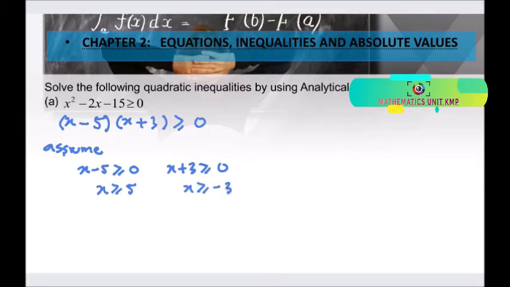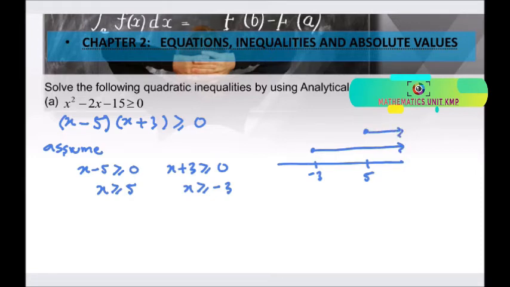So we draw a number line and put the values negative 3 and 5.